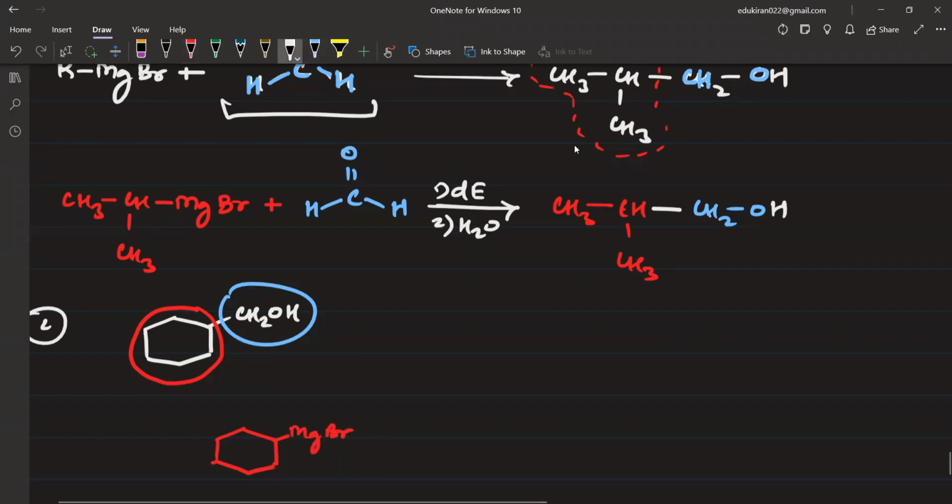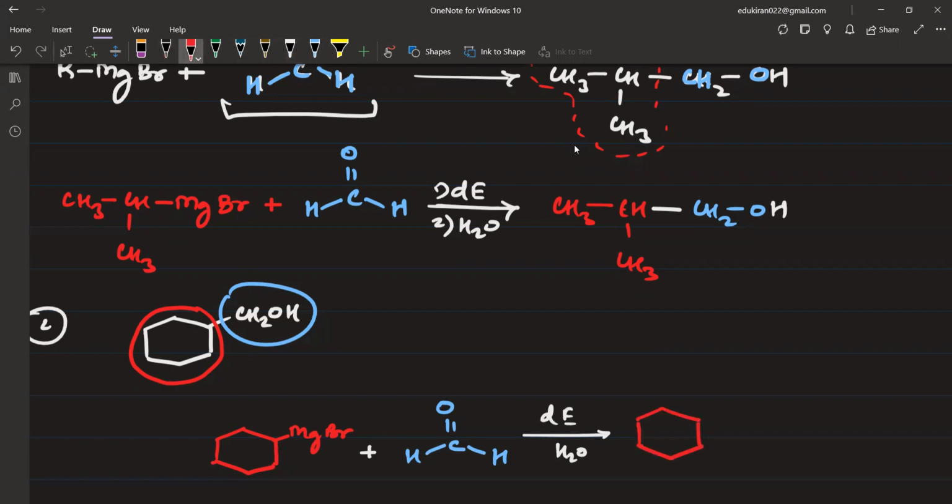MgBr plus dry ether and water. So here we are going to get this fragment from the Grignard reagent. It will form a bond with the carbon atom of methanol, which already has CH2. This oxygen will also get an OH group like this, right?